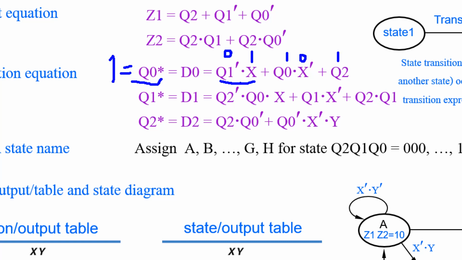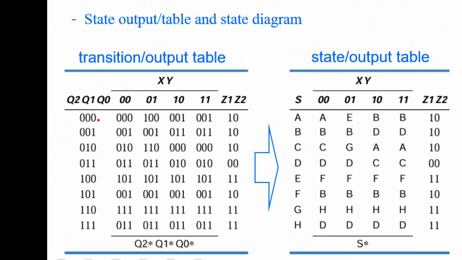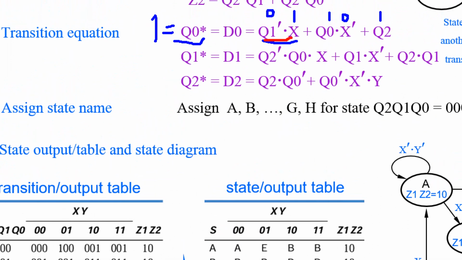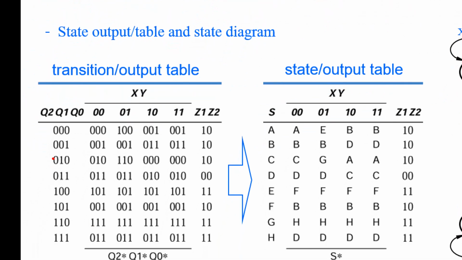For the term Q1 is 0, x is 1, when you see this table, Q1 is 0 and x is 1, then Q0 star will be 1.